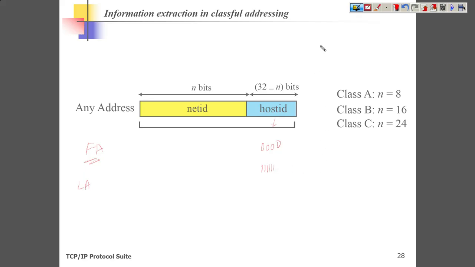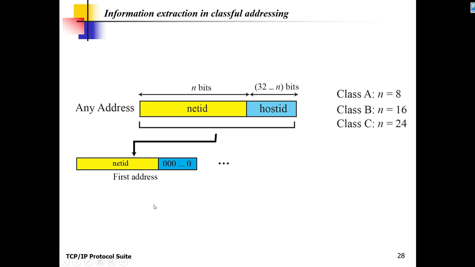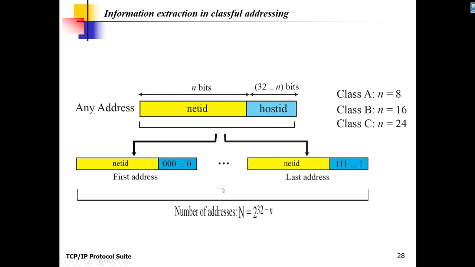When you keep all 8 bits as 1, 1, 2, 3, 4, 5, 6, 7, 8, it comes out to be 255. What does that mean? Let us take an example. You can see here, for the first address, we keep all the host ID bits 0, and for the last address, we keep all the host ID bits 1.